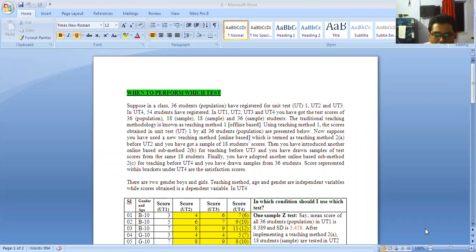I think the best possible way to understand it is by giving a particular case study, so that you can look at all the tests at a glance. That will be easier for you to understand. So consider this case.